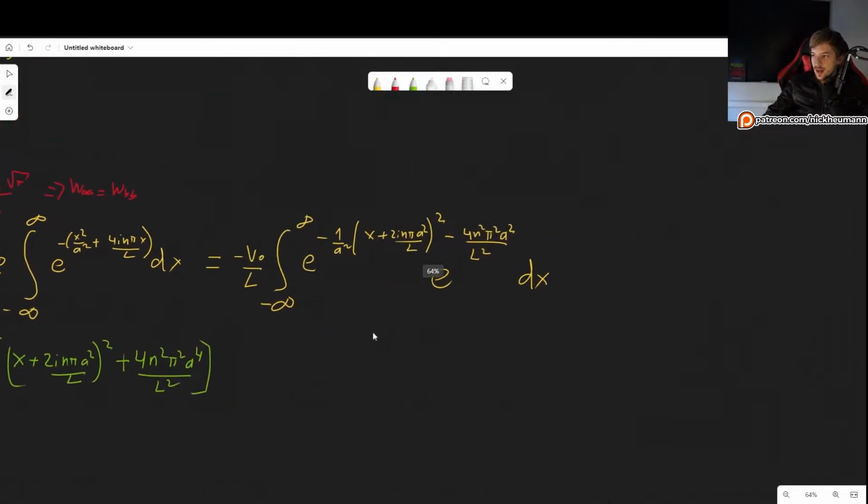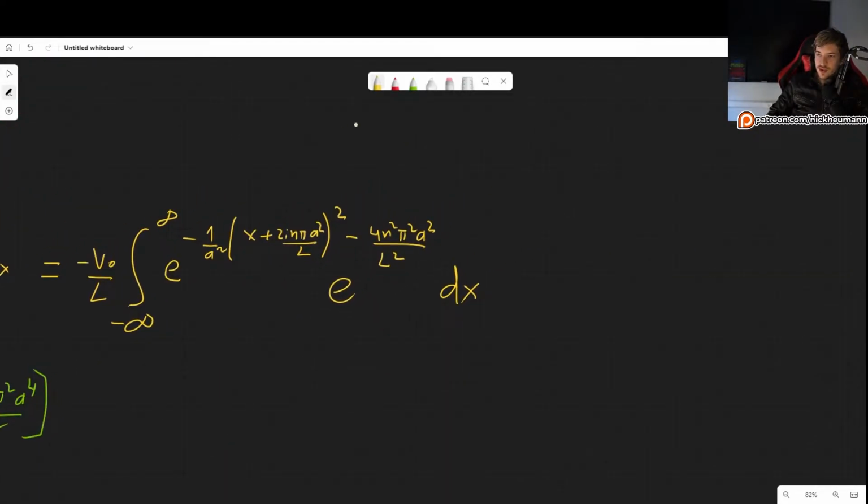And now the final step is that we say, all right, let's have a new variable, y, which is x plus 2i n pi a squared over L, because now dx is simply dy. So we can now rewrite this entire thing, right? Let's take everything that doesn't depend on x or y outside.